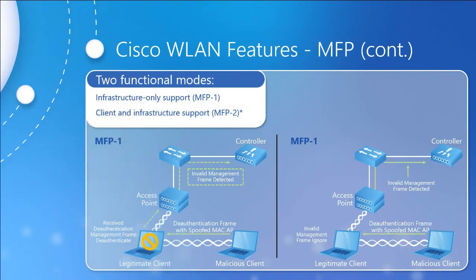When we take a look at it, MFP was originally considered a Cisco proprietary product that was, or is, a precursor to the 802.11w amendment. Basically it works in two functional modes: infrastructure only support, otherwise known as MFP version 1, or client and infrastructure support, known as MFP version 2.